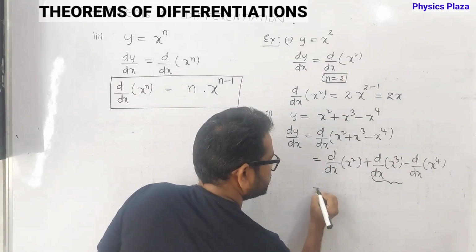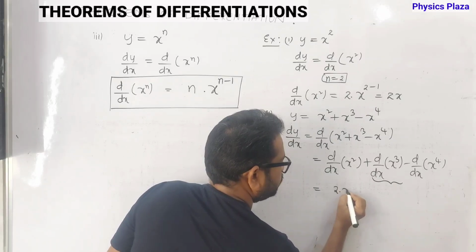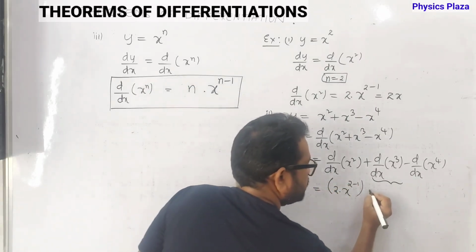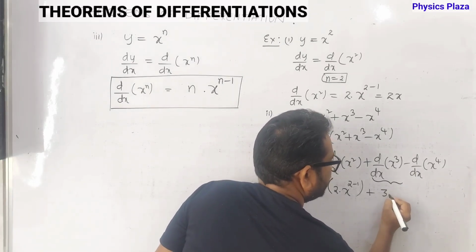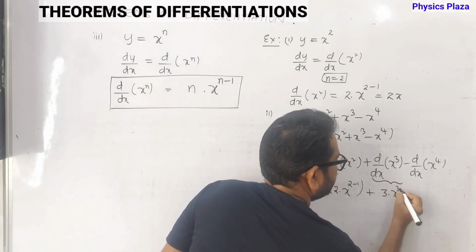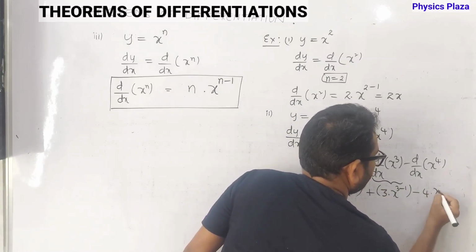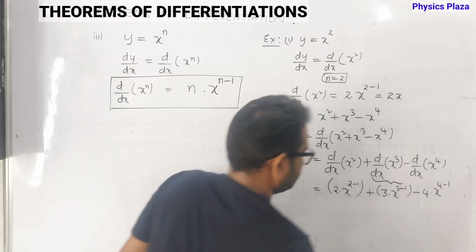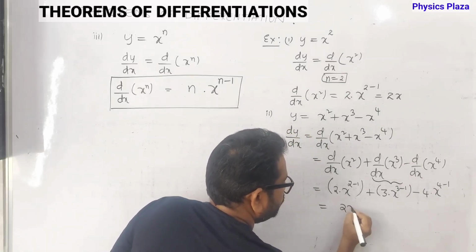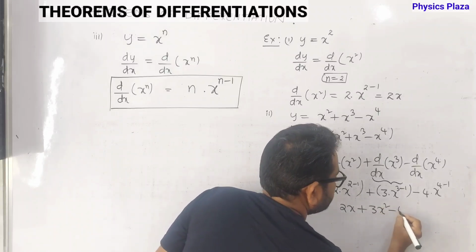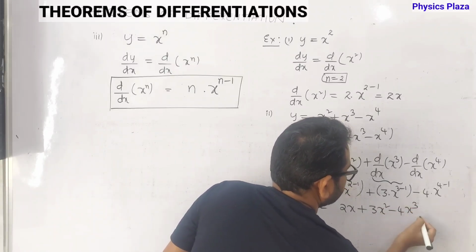Look here, that is 2 into x power 2 minus 1, plus this is the power into x power, you decrease its power by 1, minus here 4 into x power 4 minus 1. So let us write the answer here: 2x plus 3x square minus 4x cube.